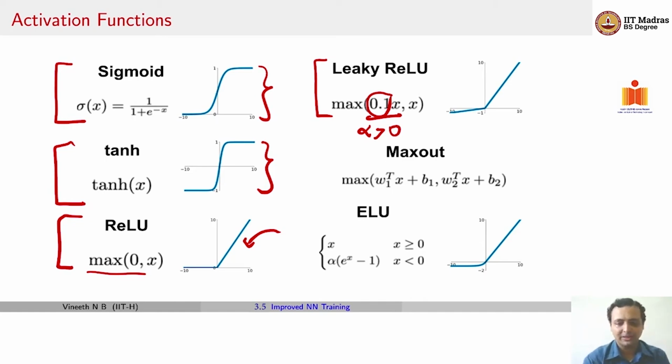Let's see ELU before coming to maxout. ELU is exponential linear unit, and ELU was developed because the ReLU activation function actually seems non-continuous. It has a discontinuity at 0 where it's not differentiable. In practice, people get around this by assuming that the derivative at that particular location is 0, which is valid because, for those of you who are aware of the concept of subgradients, 0 is a valid subgradient for ReLU at that particular point.